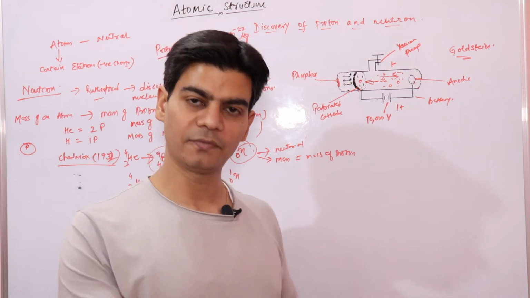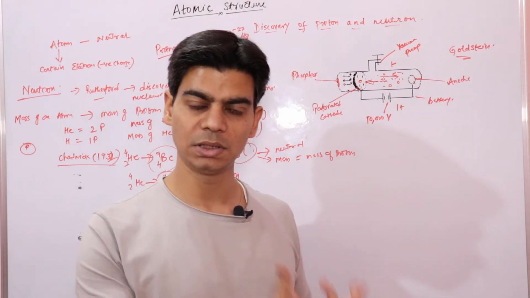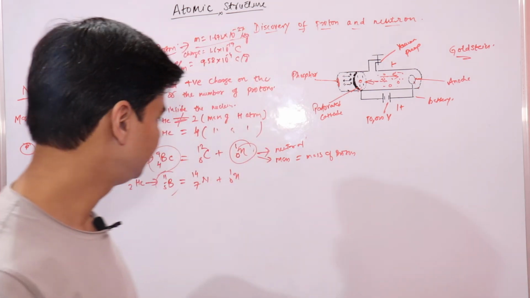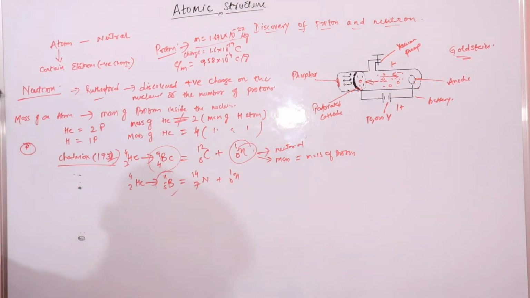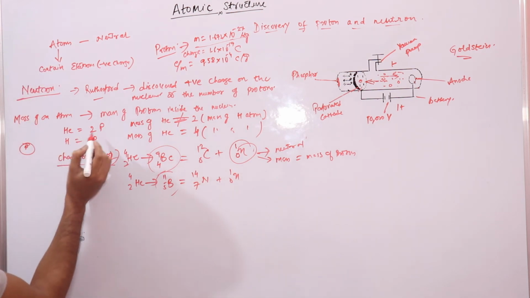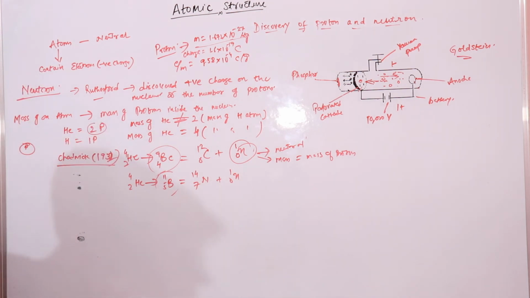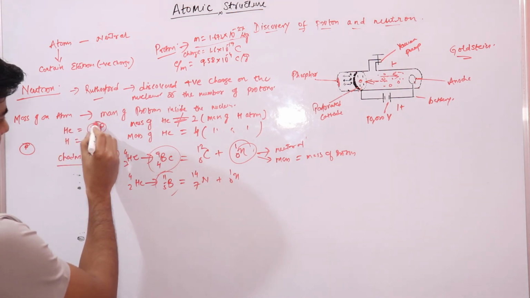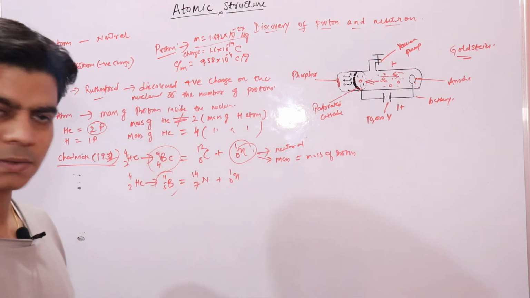We can define the total charge in terms of the number of protons inside the nucleus. Like in the case of helium, we have 2 protons, so the mass of a helium atom is due to the number of protons inside the nucleus.